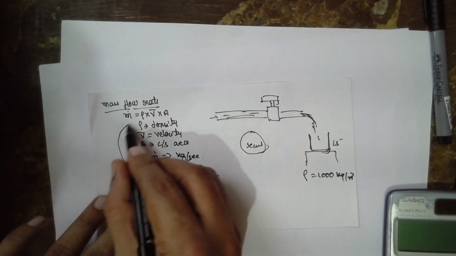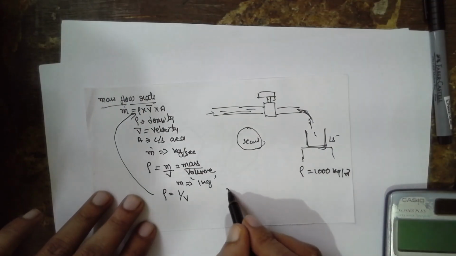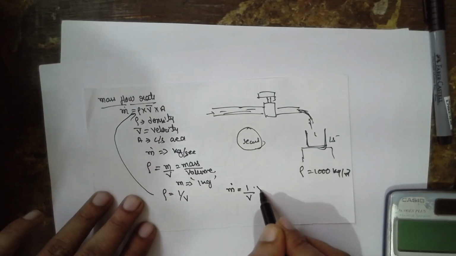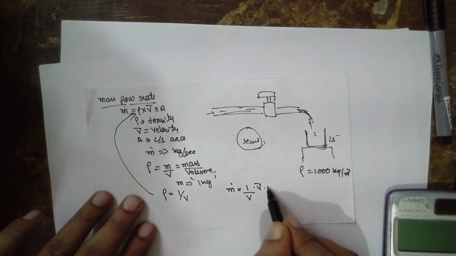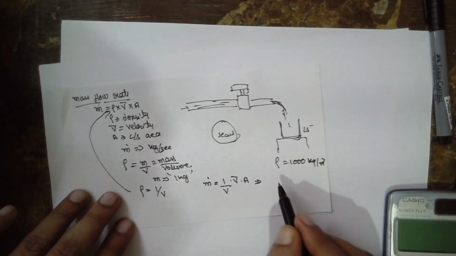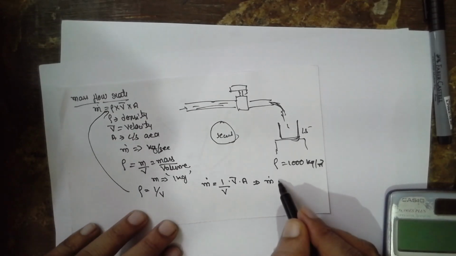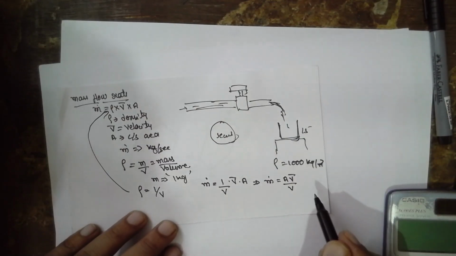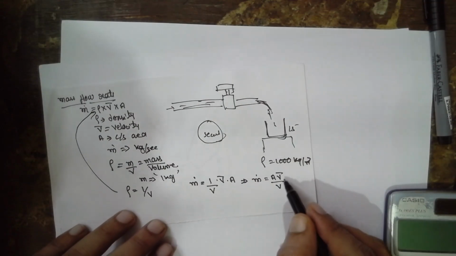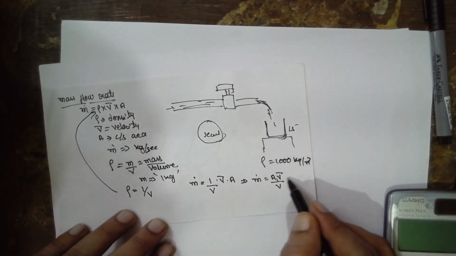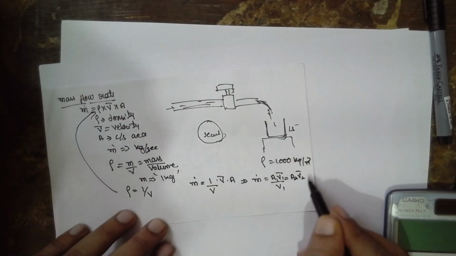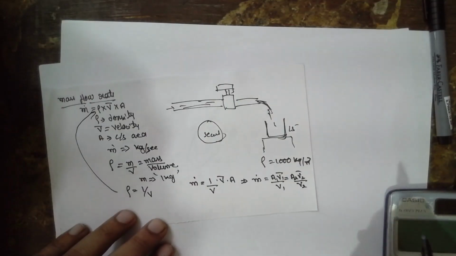Substitute here in place of rho: m dot equals 1 divided by V into V bar into area. It can be written as m dot equals A V bar divided by V. This is for the inlet. For the outlet, it can be written as A2 V2 bar divided by V2.